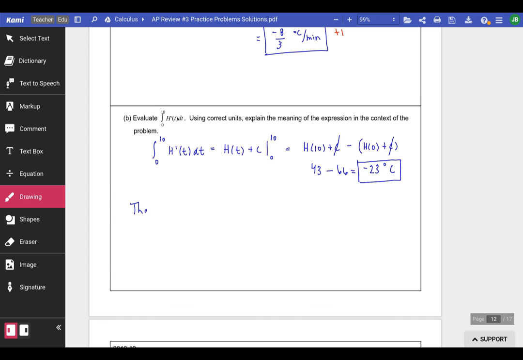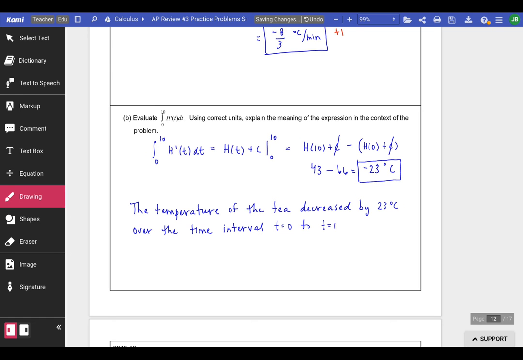So I would say the temperature of the tea decreased by 23 degrees Celsius over the time interval t equals 0 to t equals 10 minutes.